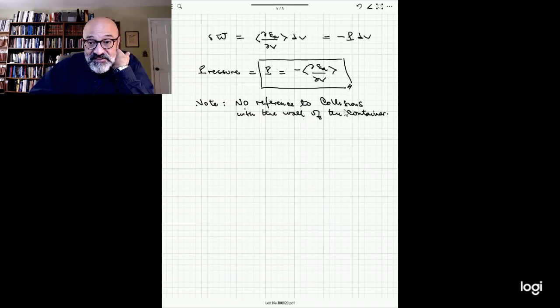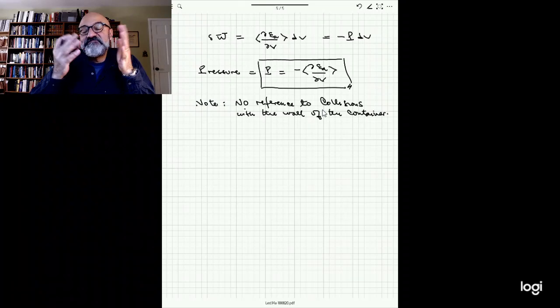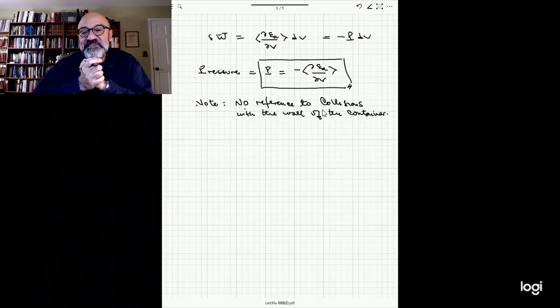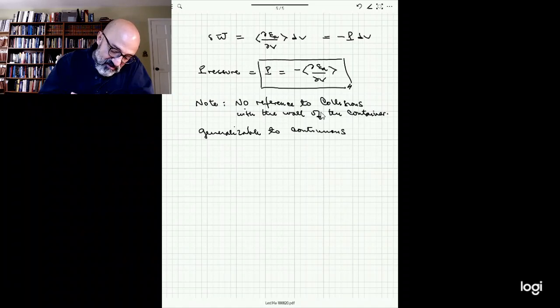In fact, if you think of collisions with the walls of the container, it's not clear how that would apply to, say, fields or all sorts of other systems. In this case, this is generalizable to continuous fields.